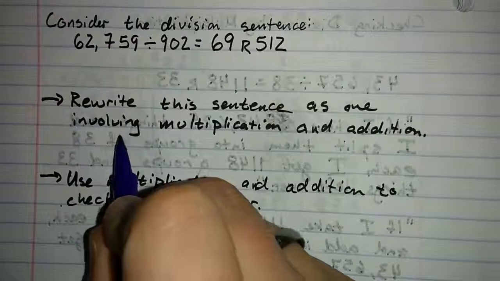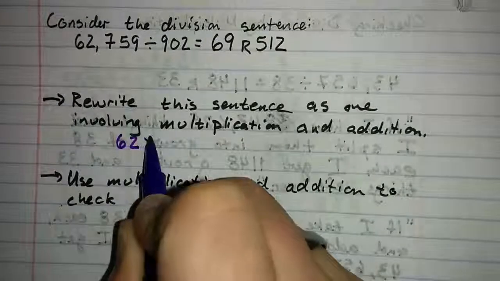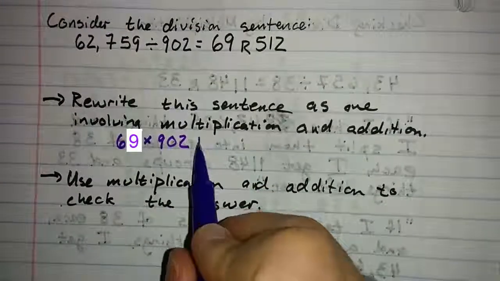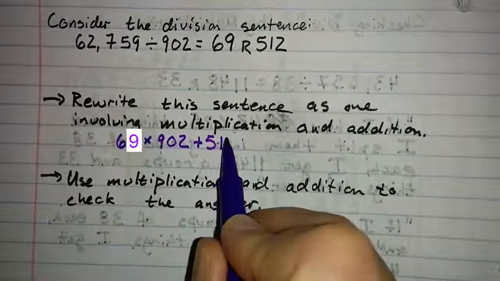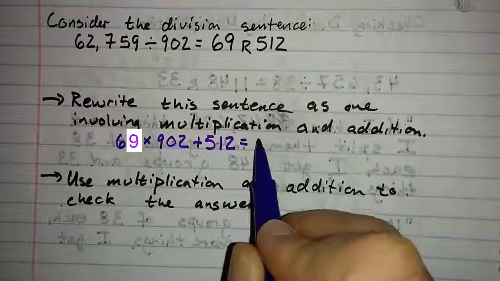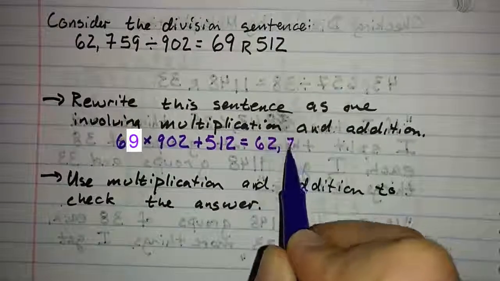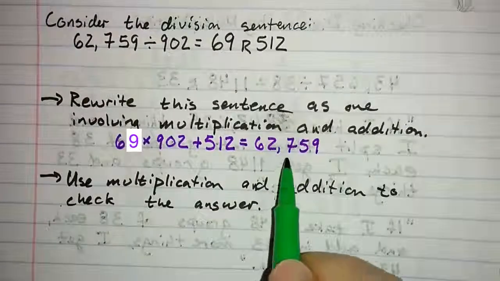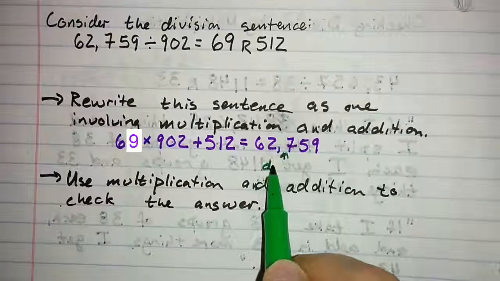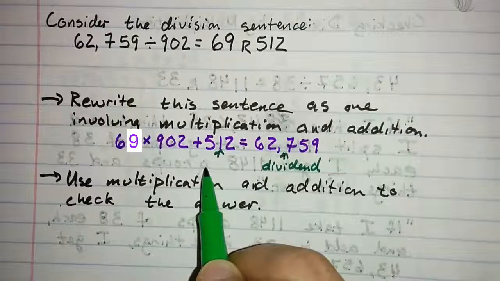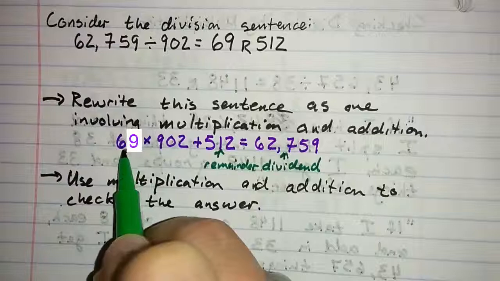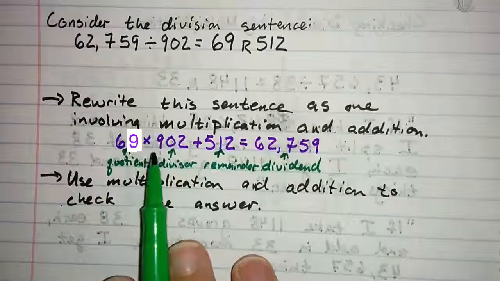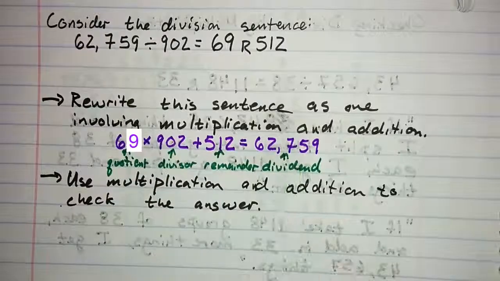That means if I have 69 groups of 902 things each, and then add in an extra 512, I get 62,759. All right, what are these numbers here? This ends up being the dividend. This is the remainder. Here we see quotient times divisor. Quotient times divisor plus remainder equals dividend.